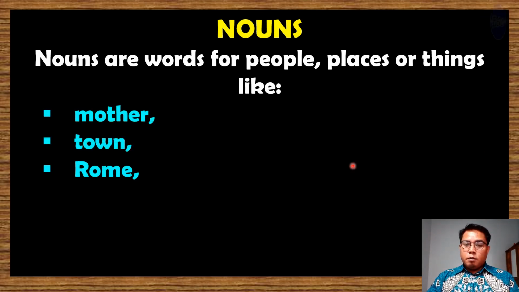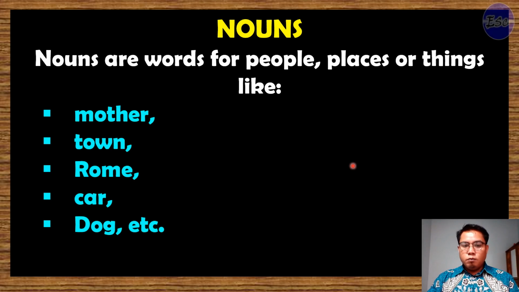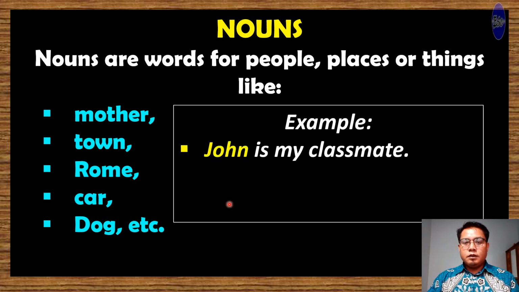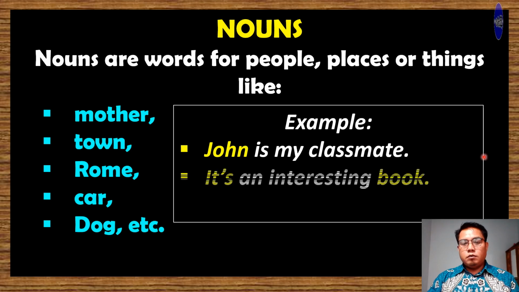For example, mother, town, Rome, car, dog, and so on. So many of them. These examples are classified as nouns. John is my classmate. John represents someone. This is a proper noun actually. Okay, so this is noun. It's an interesting book.